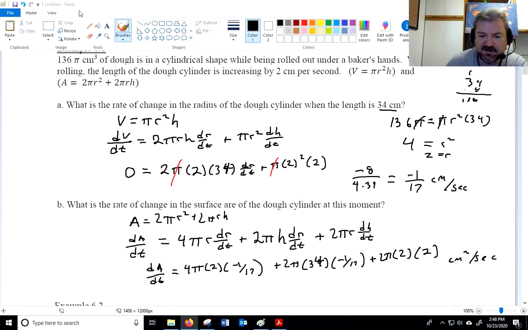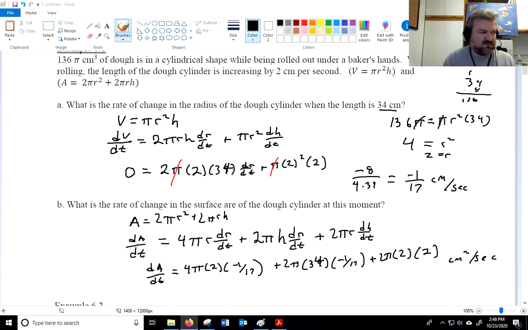I want to know if it's positive or negative. So I was like, I'm just curious. The radius is getting smaller, but the height is getting bigger. So there could be a positive or a negative value here, right?